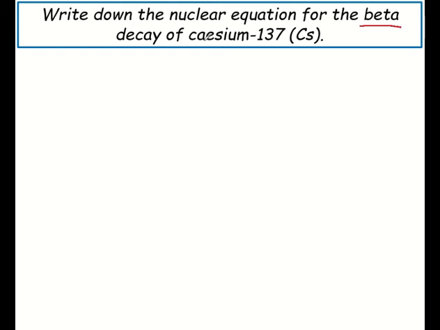So to start this off, we're told it's cesium-137. So the first thing we need to do is get a periodic table and have a little look to see what is the atomic number of cesium. And the answer to that is 55. So cesium has an atomic number of 55. Now in beta decay, remember what we just said, a neutron decays to a proton and an electron.